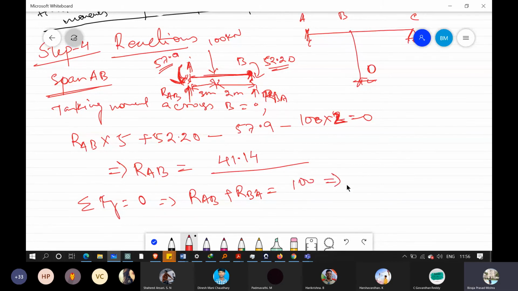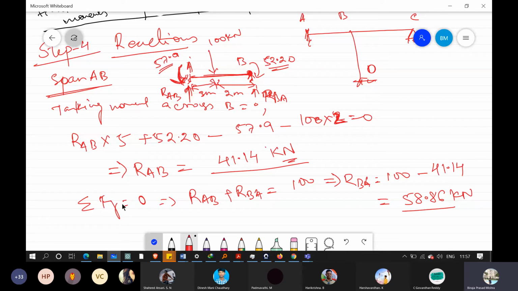This implies RBA equals to 100 minus 41.14. So how much is it coming? 58.86 kilonewton. This is also in kilonewton. Okay. Now the next span, let us take span BC.